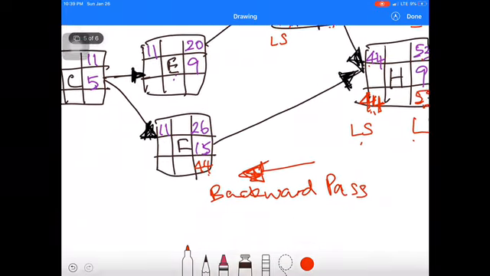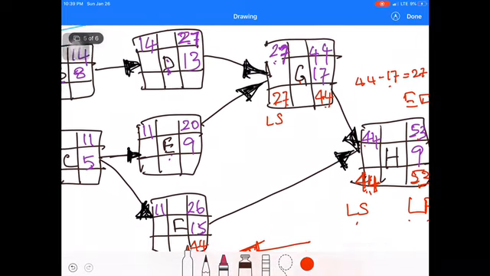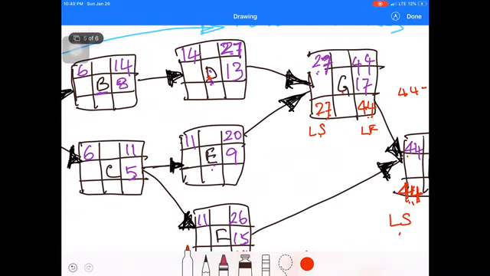The late finish date of activity D should be 27, since the late start date of activity G is 27. Then the late start date of activity D should be 27 minus 13, that is 14.